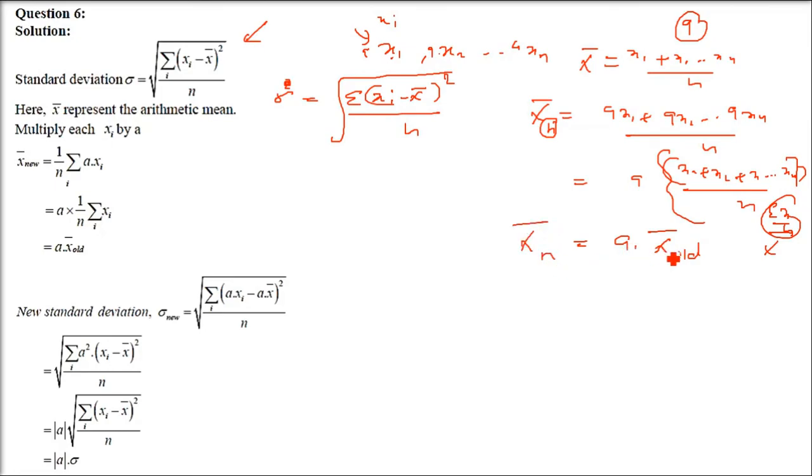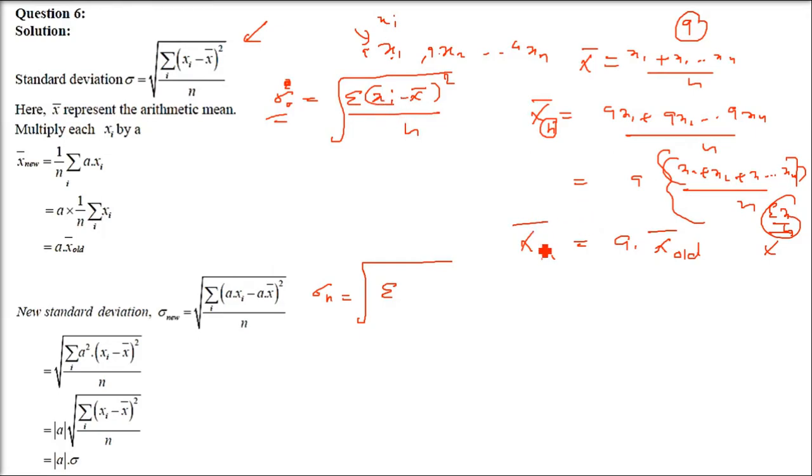This we got. Now let us come to the new standard deviation. We'll use the same formula, but here xi will change to axi, and x bar will change into a x bar. Sigma new will be the square root of the summation.